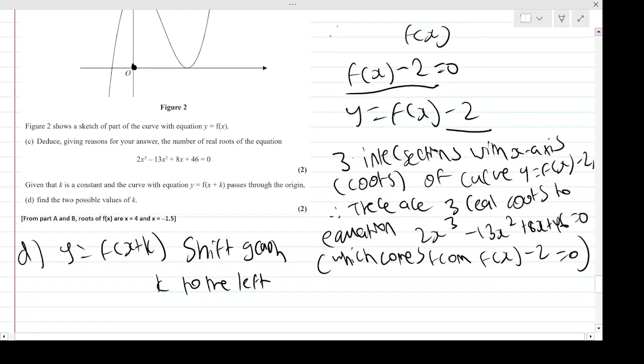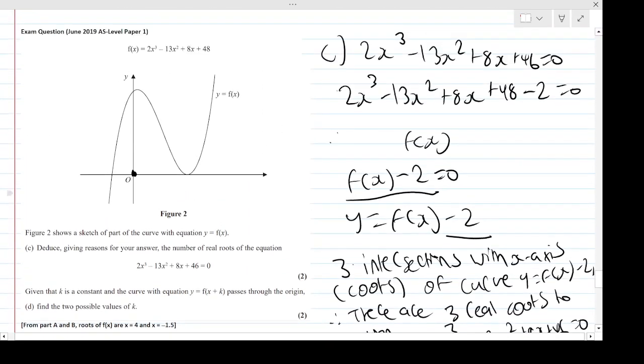The original graph that they've given us. So how am I going to move this graph left or right and then make that new graph pass through 0? Well, these roots here, where it crosses the x-axis, need to move to 0, right?